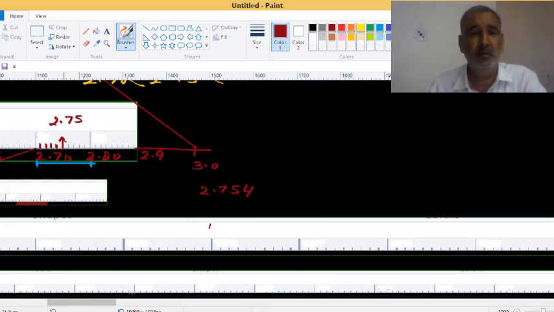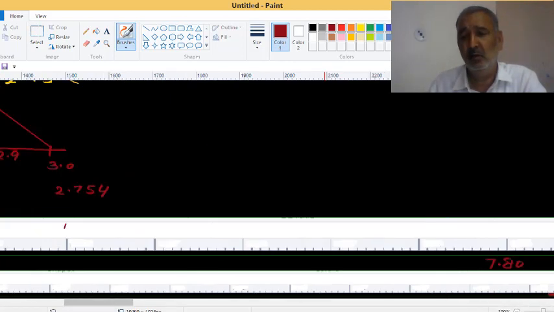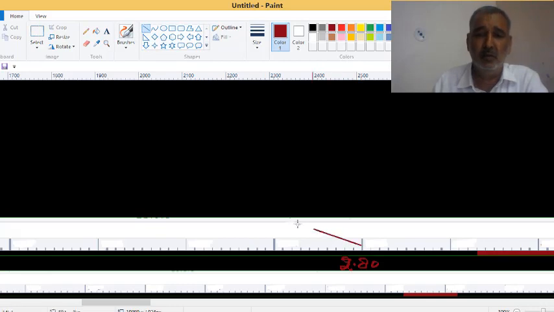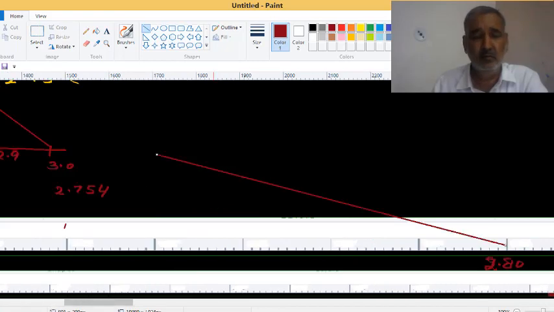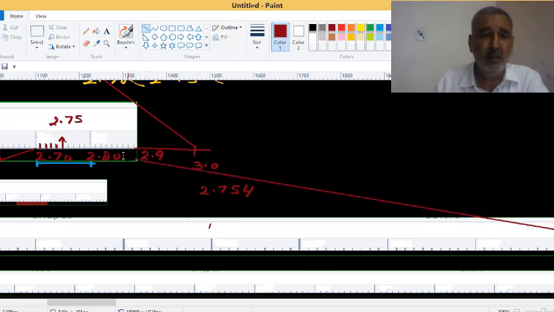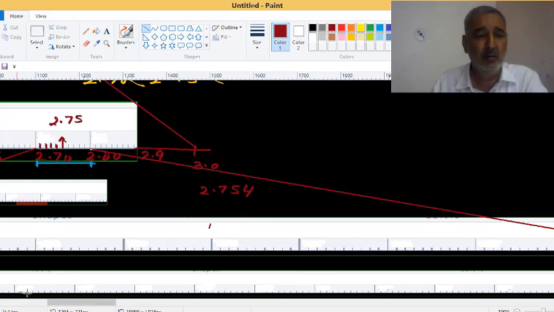Here comes 2.80. 2.80 has gone there, right, beyond towards the right.